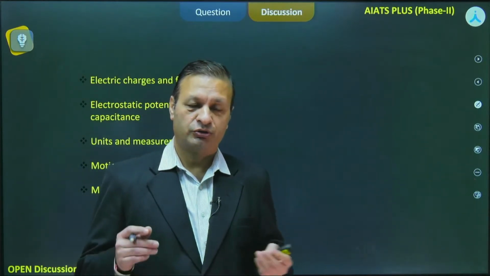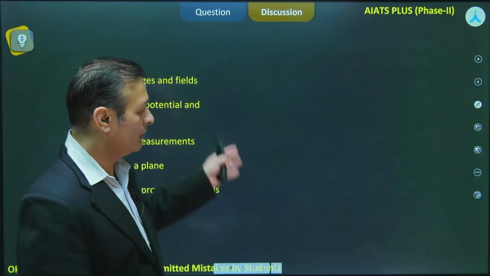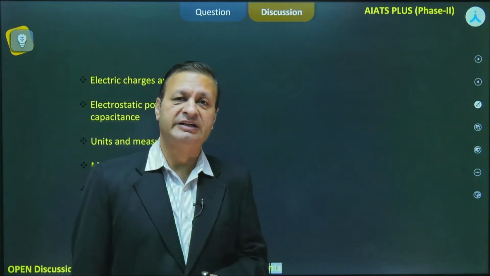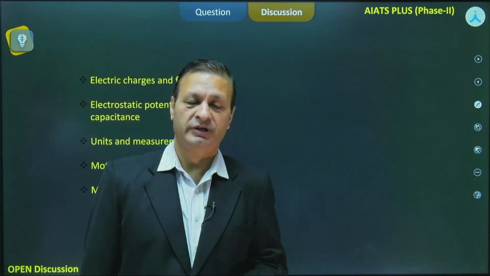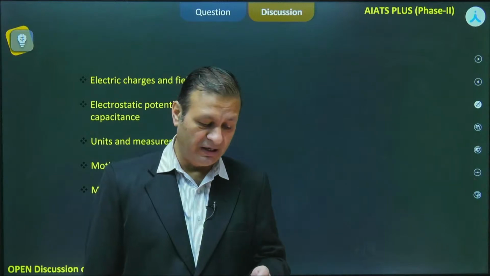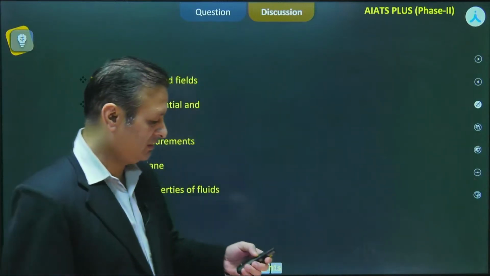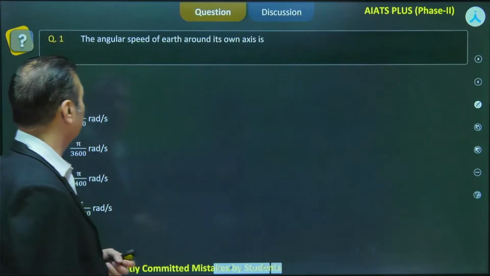For today's session, these topics will be covered with the help of your AIATS Plus Phase 2 Mock Test 1, in this session of your physics marathon part. So let's start with the questions.